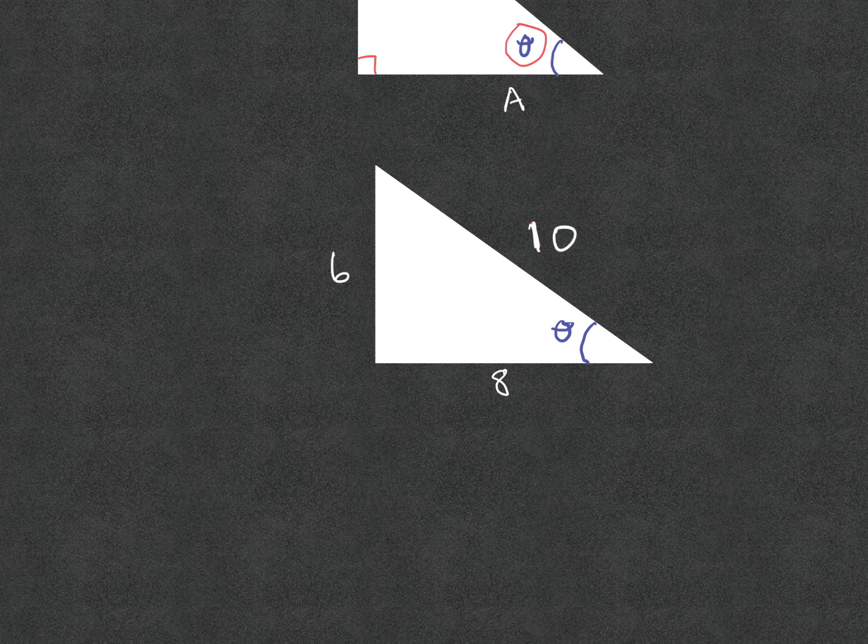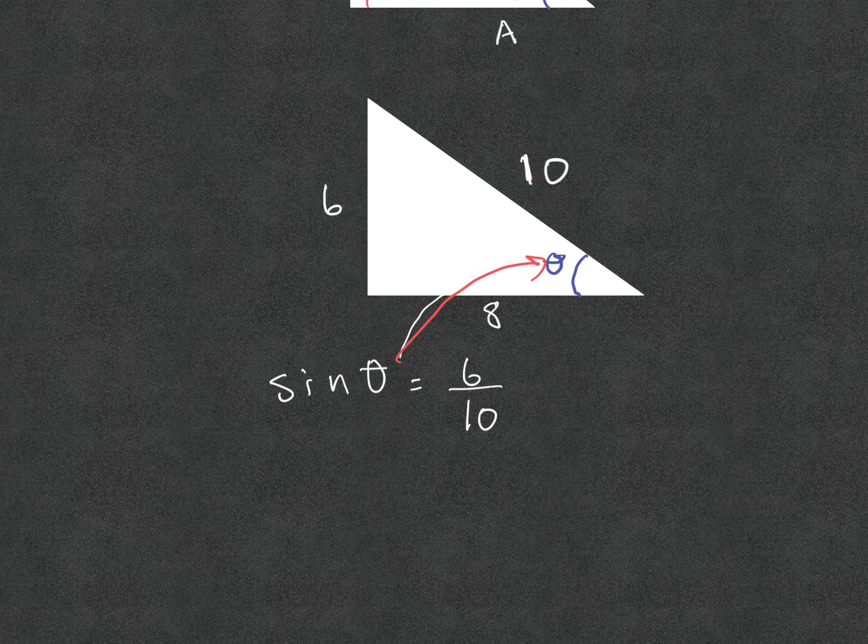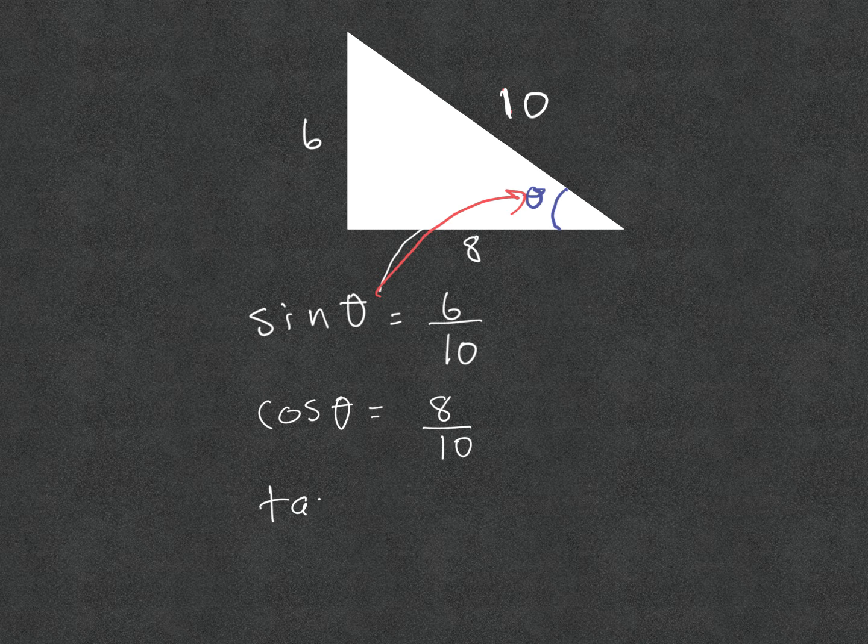What I mean is this: sine of that angle there is going to be what? It's going to be opposite over hypotenuse, okay? What is cosine of that angle? It's going to be adjacent over hypotenuse. What's tangent of that angle?